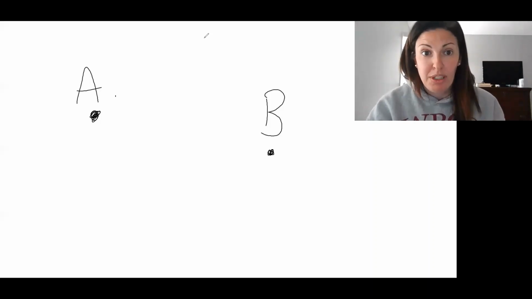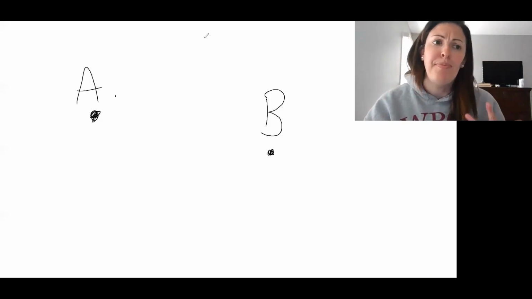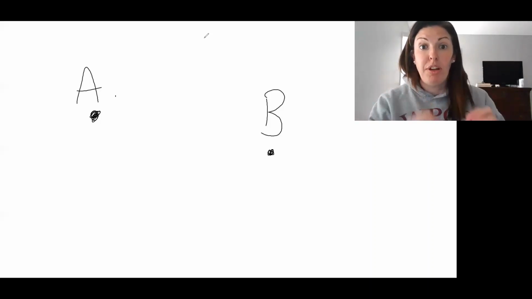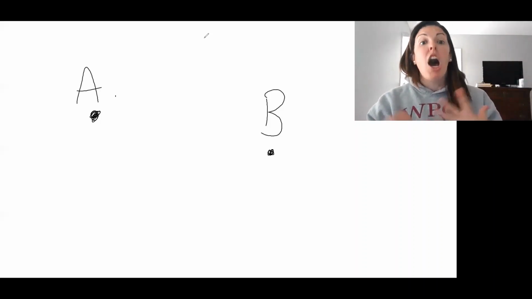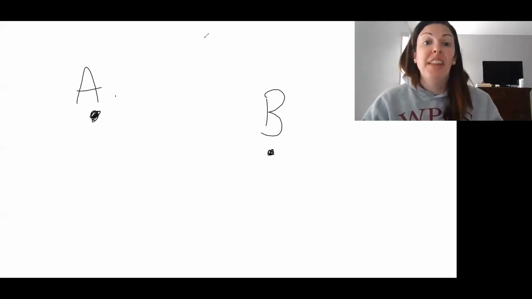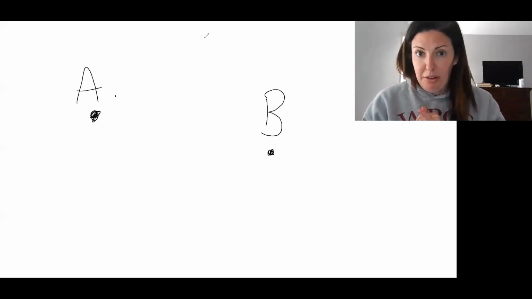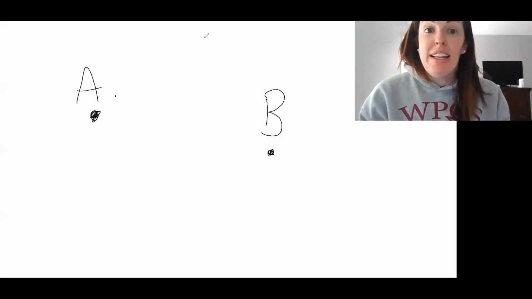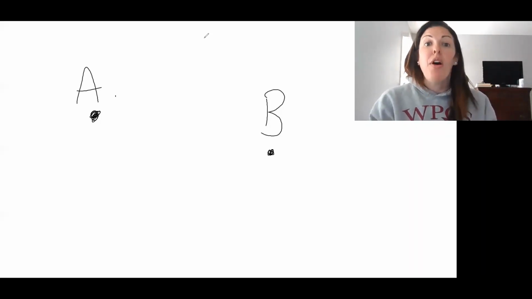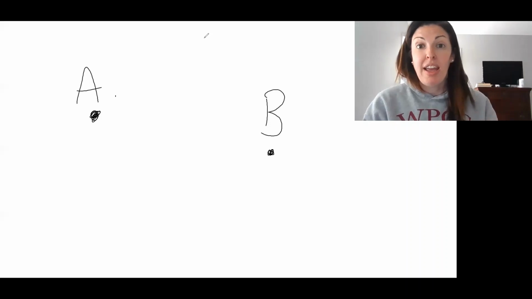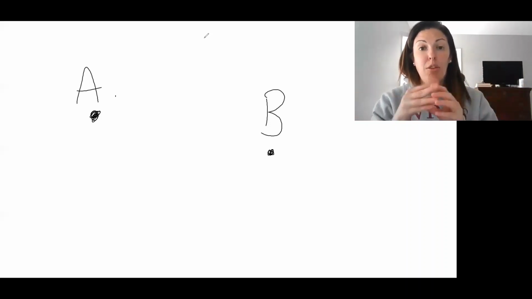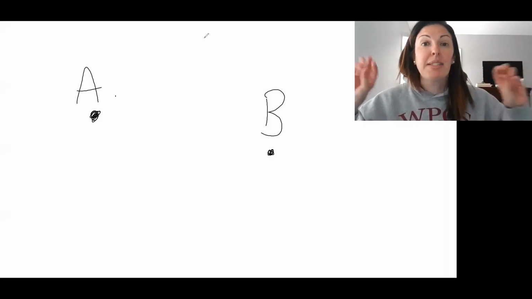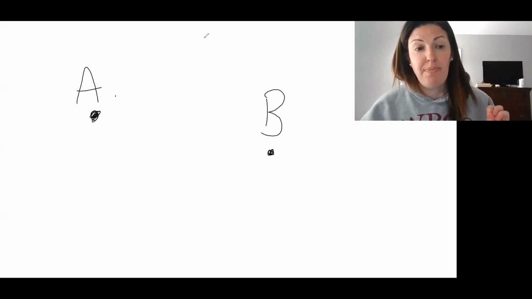So if I really wanted to get technical, I could think about, how many points could I put on this entire screen? And the answer is a lot. I could put a lot of points, but we're not going to do that. If you have time and you want to, go for it. But we're not going to. So right now on our screen, we have point A and we have point B.